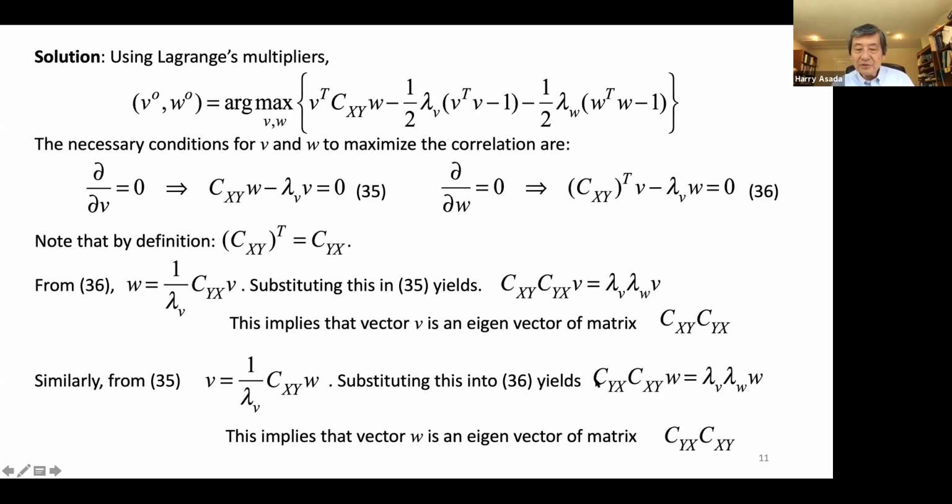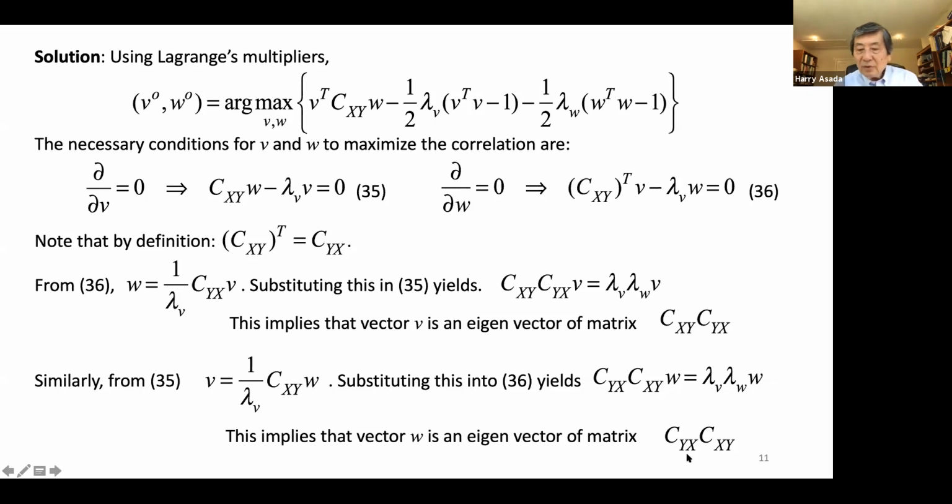Here you have C_YX C_XY times W equal to the same scalar quantity times W. So W is again an eigenvector of this matrix, and the product is actually the eigenvalue. This implies that the vector W is an eigenvector of this matrix.